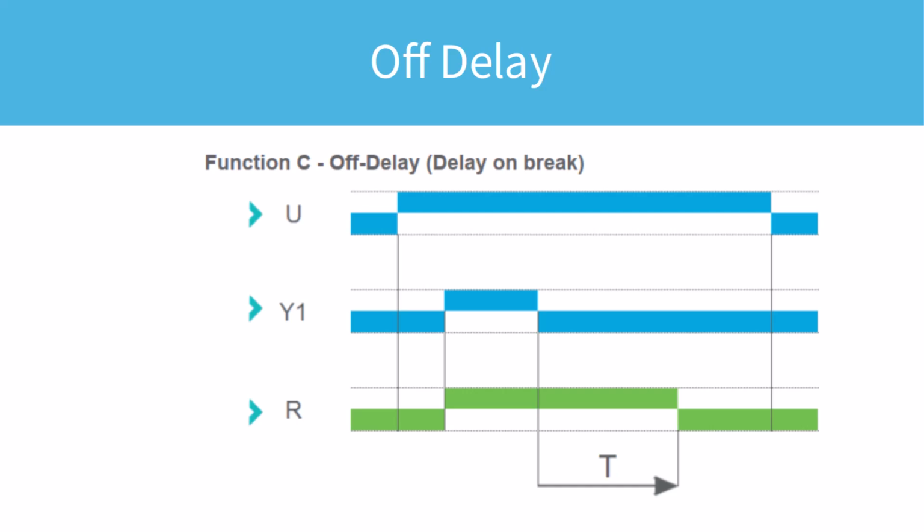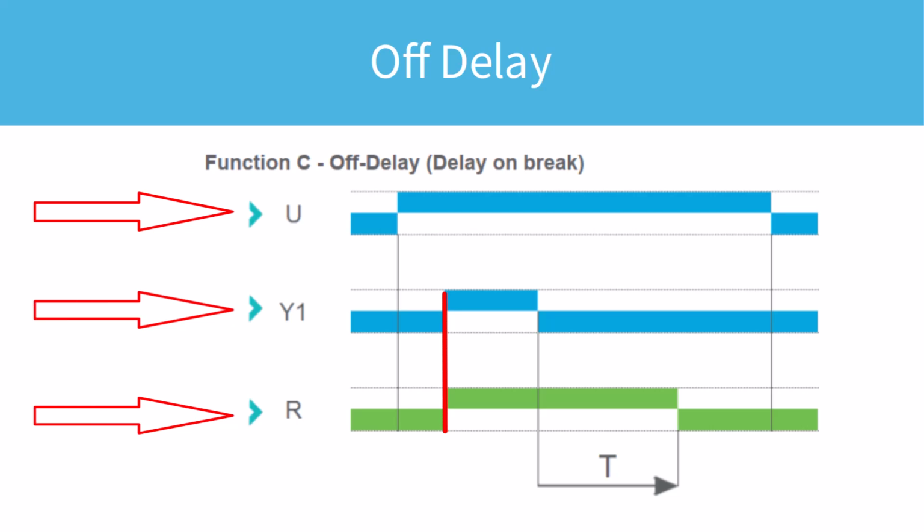Now let us study the off delay function. The timer coil must be energized and the control contact must be activated for the off delay function to operate. When the control contact is energized, the relay contacts change state instantly.